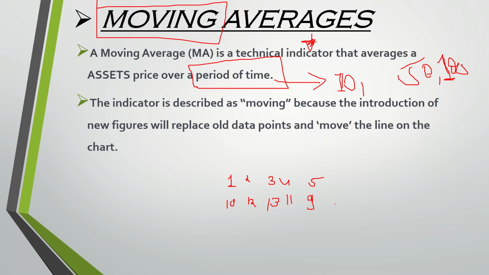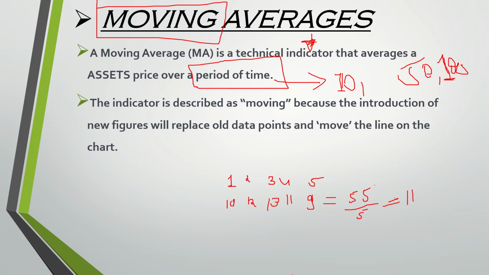This is the price movement. You can total these prices. The total is 55, and to get the average you divide it by 5. The average price would be 11.